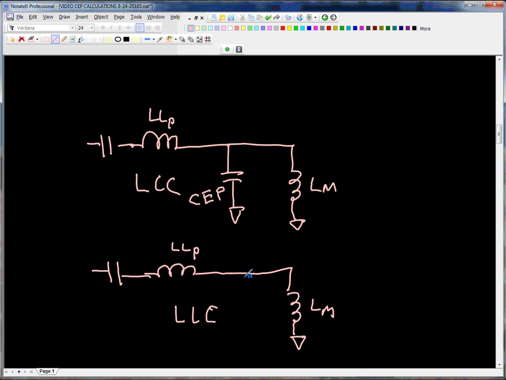If you put that capacitor down here, I'll be very brief about this, its value is somewhere about 0.01 or higher. It changes the characteristics of this circuit radically.